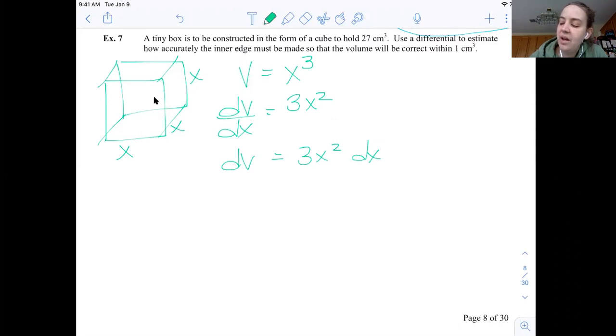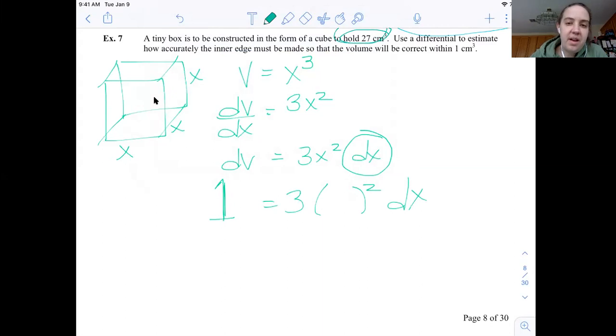So dx, that's how accurate that inner side needs to be made. The correct volume is 1 cubic centimeter. That's the value over here on the left. So 3, something's missing. I don't know what x is. They didn't come right out and tell me, but you can figure it out. The information is there.